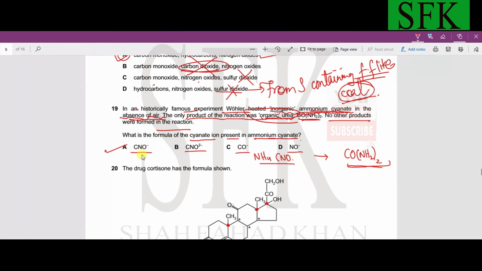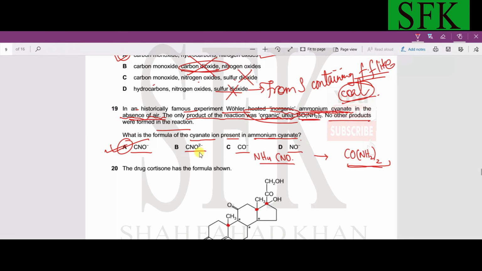Now, if we look at the first option, if we consider this ion to be cyanate, then the formula will be ammonium cyanate. If we try balancing, it is actually balanced already, because there is one carbon atom, one oxygen atom, two nitrogens, and four hydrogens. So A balances the equation.